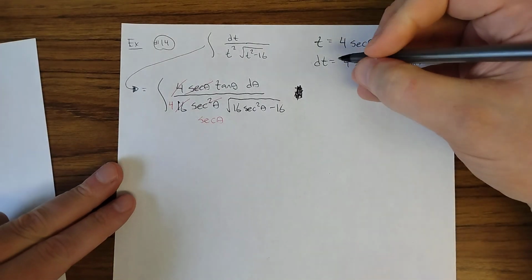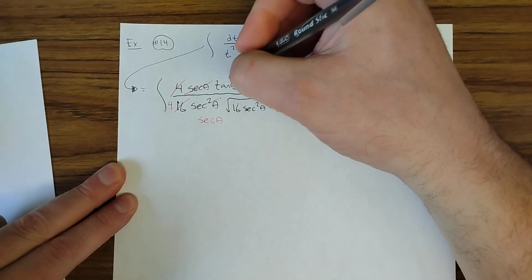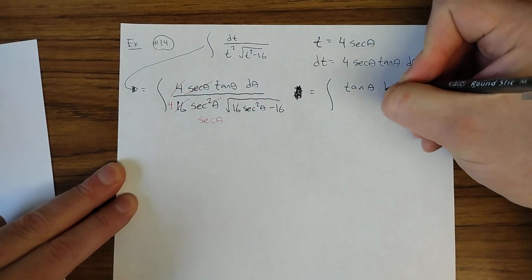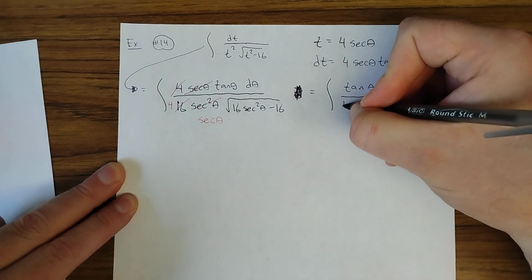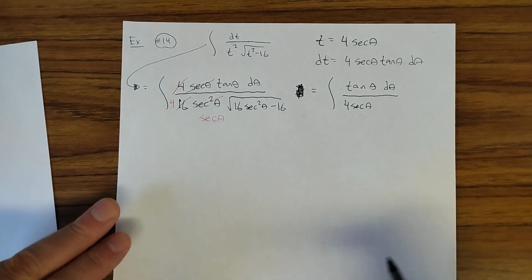And, okay, let me rewrite this. So this stuff is gone. On the top, I've got tan theta d theta. On the bottom, I've got 4. I still have this secant theta.